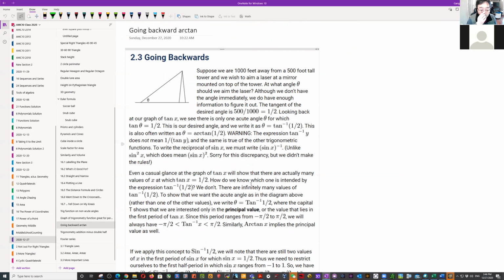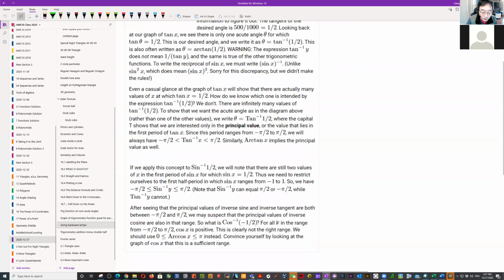Then we also have another group of functions. We have the sine function, and we also have the arcsine function. We have the cosine function, and we also have the arccosine function. Arc function, what is arc function?